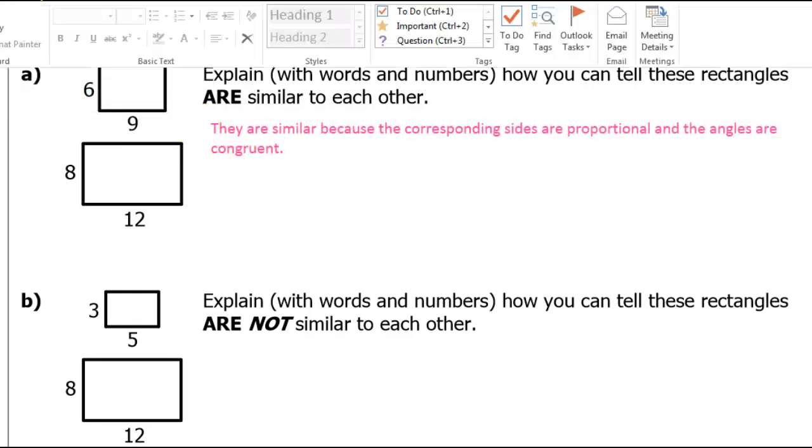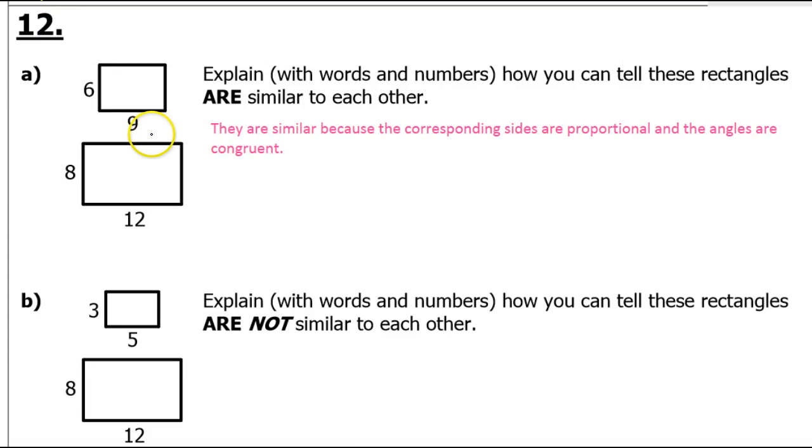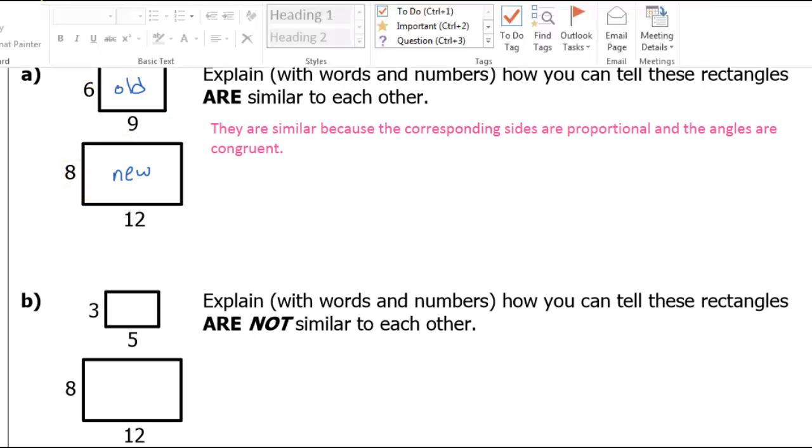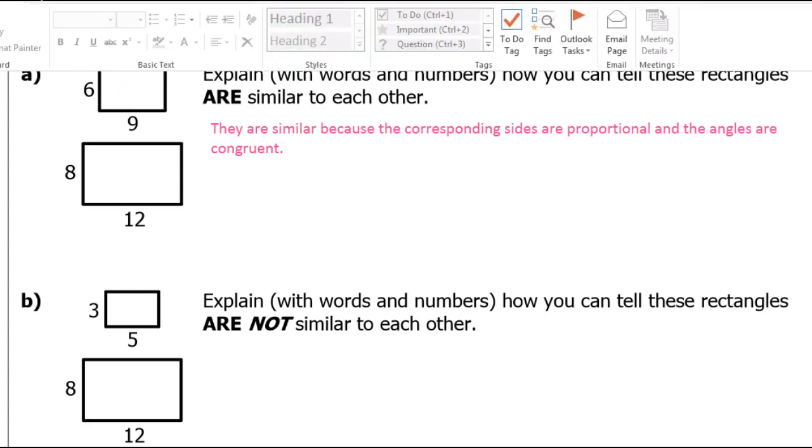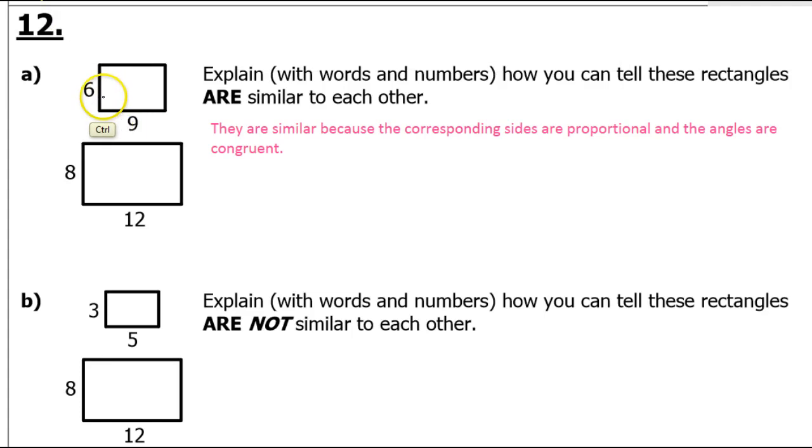Okay, now for the numbers. So now we're going to go ahead and prove that the corresponding sides are proportional by doing new over old equals new over old. All right, that's really what proportional means. Normally, for some reason, I like to make the bigger shape new and the smaller shape old, but I'm not going to do that this time. So I'm going to call this new and this old, so I can just do the fractions in the order that they appear.